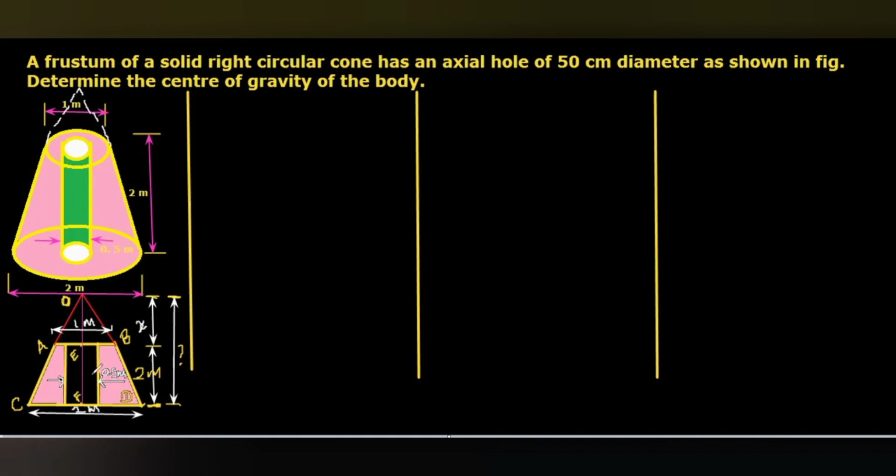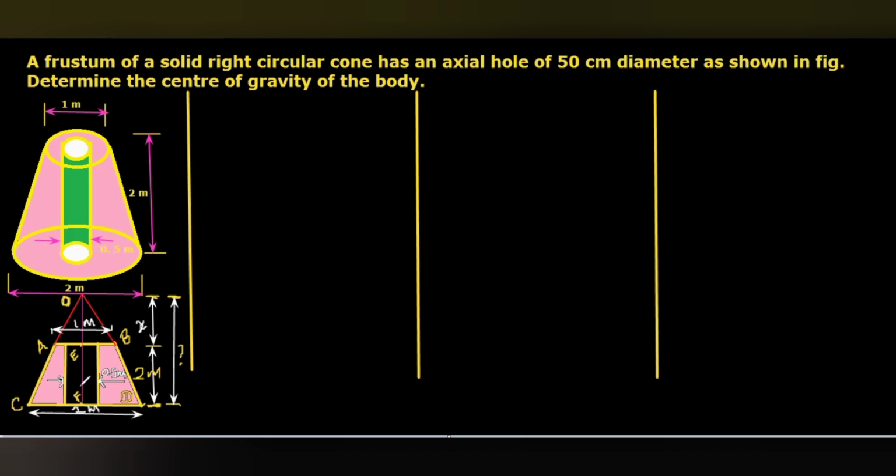When I extend the frustum into a large cone, the total height of the large cone is unknown. This vertical distance is given as 2 meter, but we need the vertical distance OE.